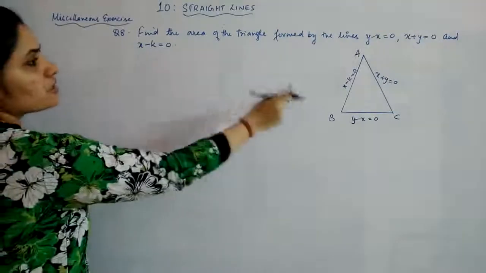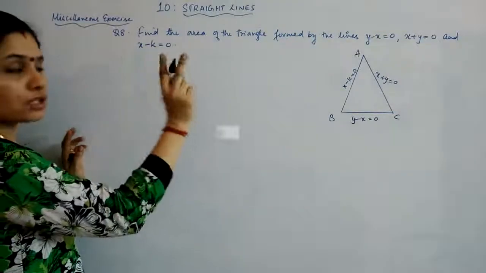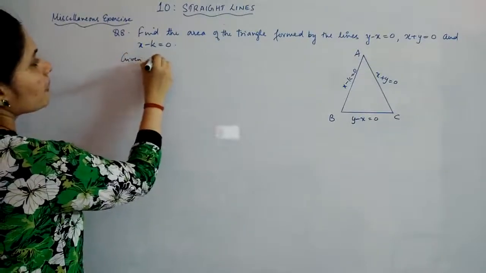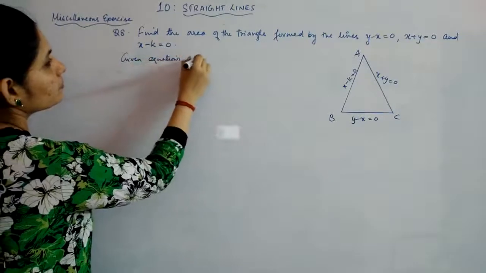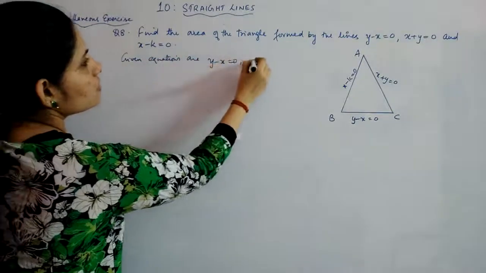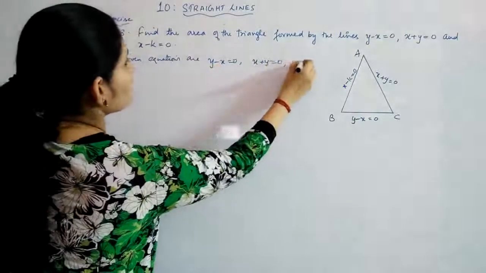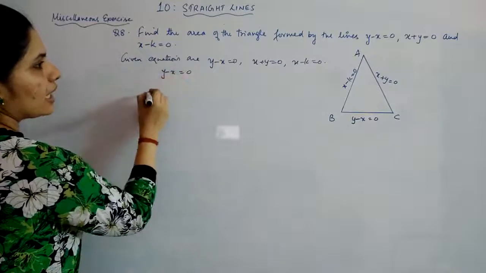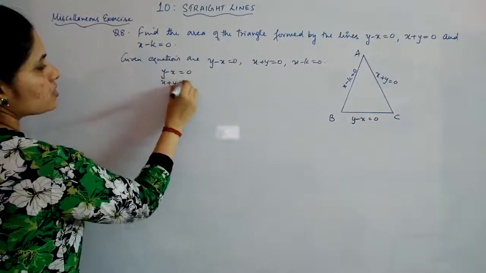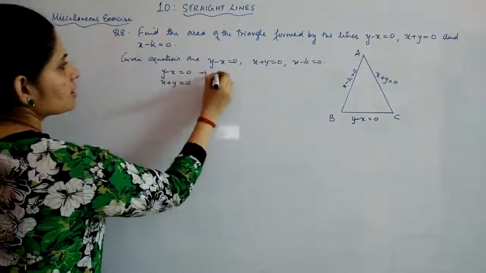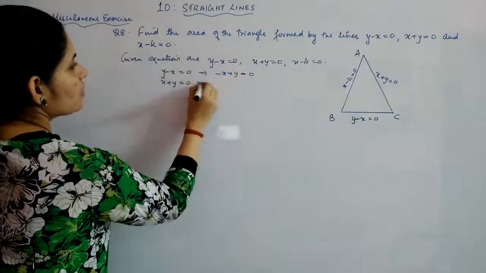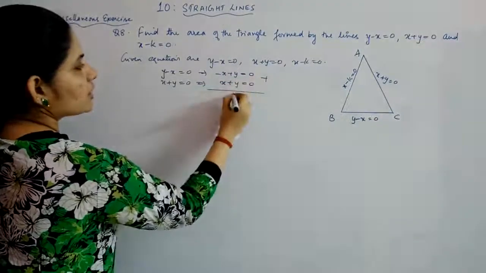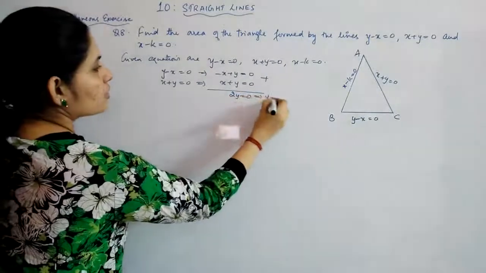Okay. So first we will solve all the three, taking two at a time. The given equations are y minus x equal to 0, x plus y equal to 0 and x minus k equal to 0. First we are taking y minus x equal to 0 and x plus y equal to 0. You can rewrite this as minus x plus y equal to 0 and x plus y equal to 0. Adding these two will give you 2y equal to 0, or y is equal to 0.